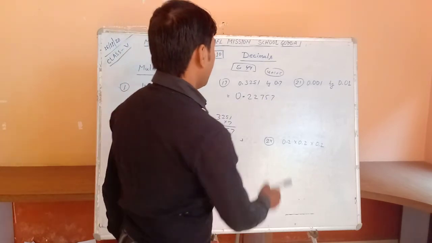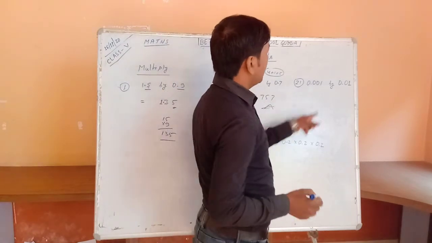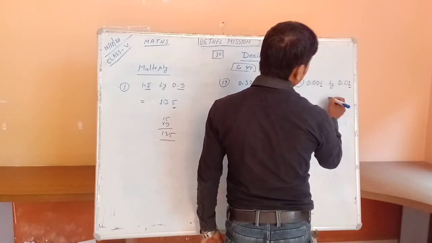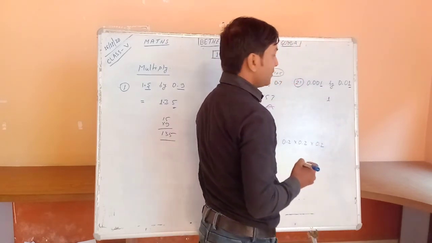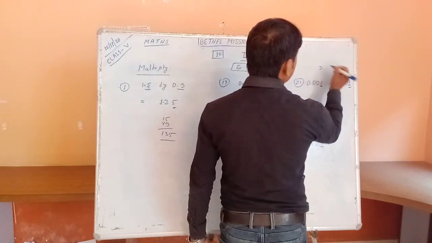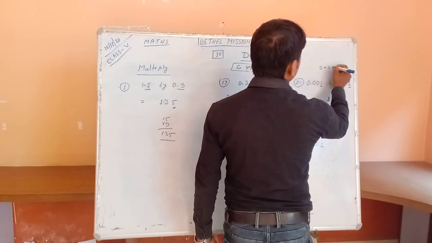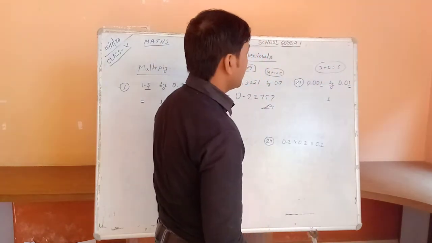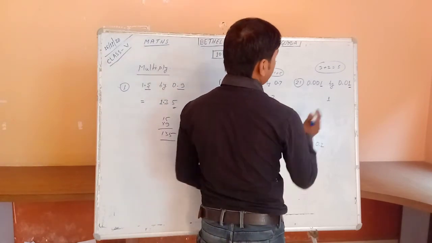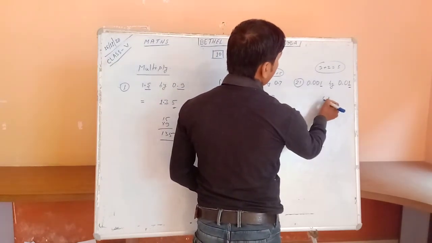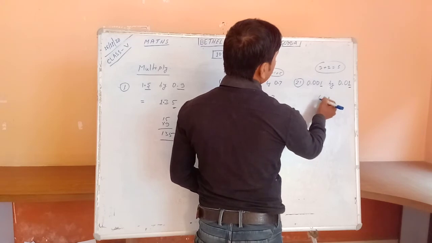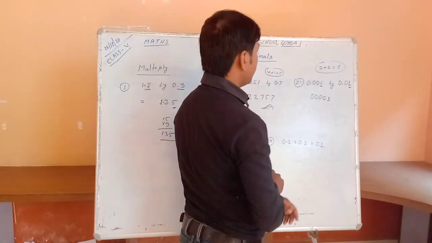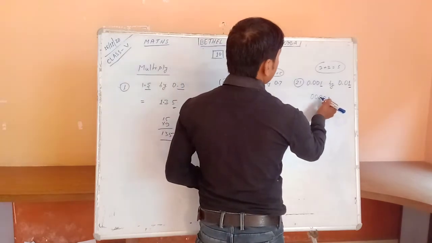Okay. I hope you got it. Now again here multiply 1 and 1. Only 1. But put the decimal. Here 3 decimal places. Here 2 decimal places. So total 5 decimal places. So put the decimal after 5 digits. So 1, put 0s to make 5 digits. 1, 2, 3, 4, 5.